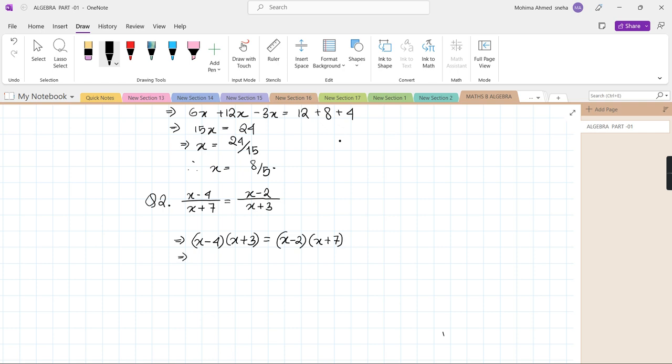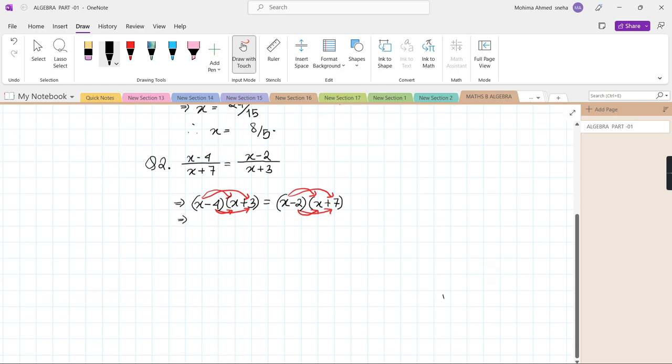When you multiply these, it will look like you are multiplying x with the entire x plus 3 and again minus 4 with x plus 3. The same thing goes for the right hand side, x multiplied with x plus 7 and minus 2 multiplied with x plus 7.